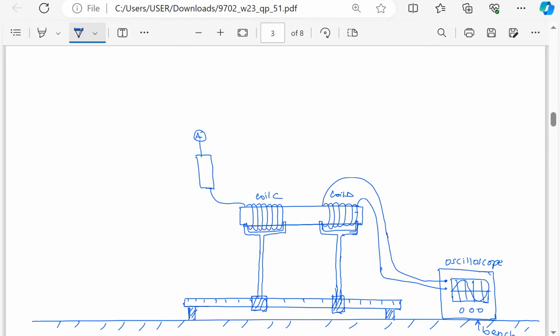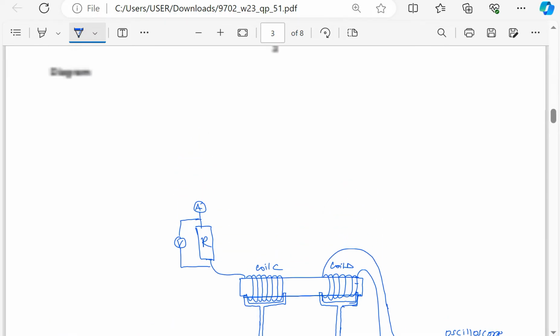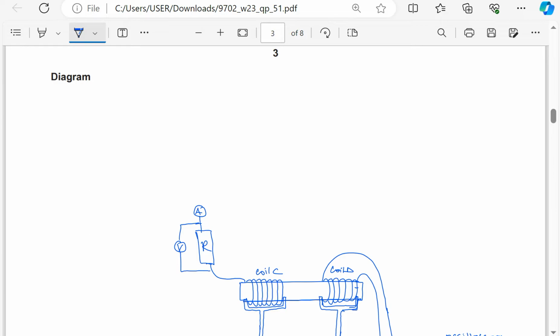Then I'll add a voltmeter across this fixed resistor so that I am able to find the resistance R. Okay, so this is going to go to a power supply, which is actually an AC power supply.